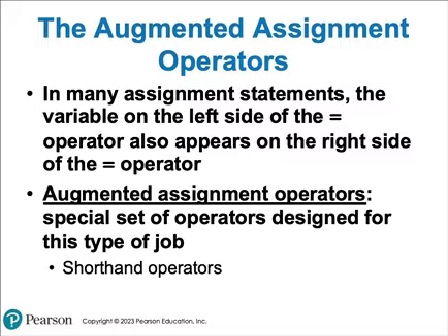We have a normal assignment, which is the equal sign, which I told you often gets read as "gets set to." The thing that we looked at before, the plus equal, is called a shorthand operator.